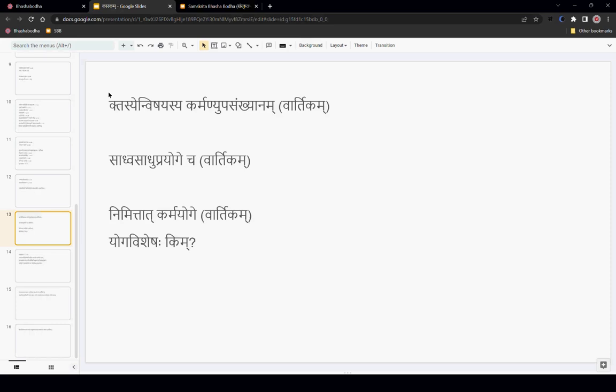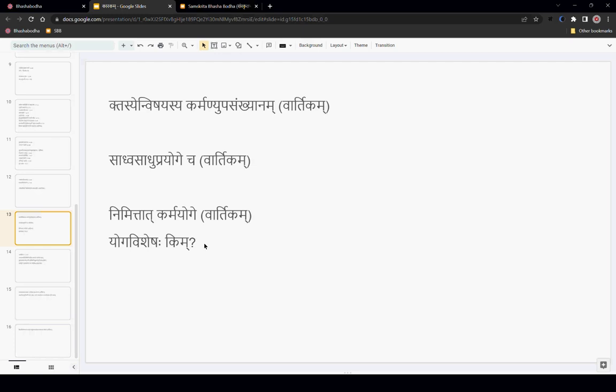One additional point in these examples where there is Nimittat Karma Sanyoge, Vyadha charmani vyaghram marayati: one thing to note, Sanyoge or Yoge is used here, Karma Yoge. Yoga Visheshah Kim, iti prashnah: what is the importance of this Yoga pada here? Yoga means the union.